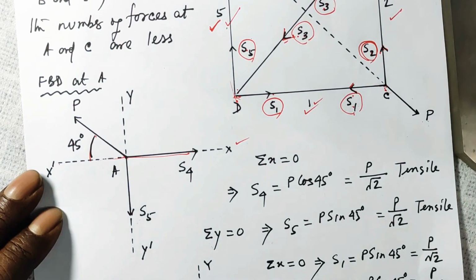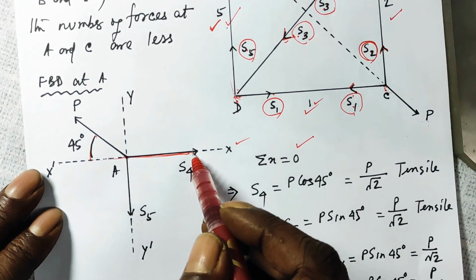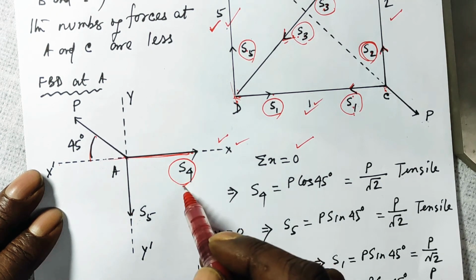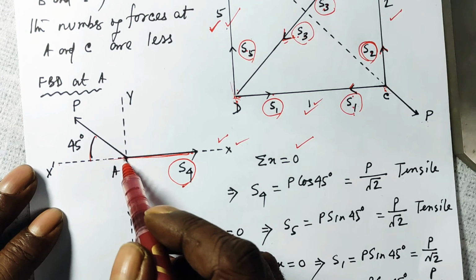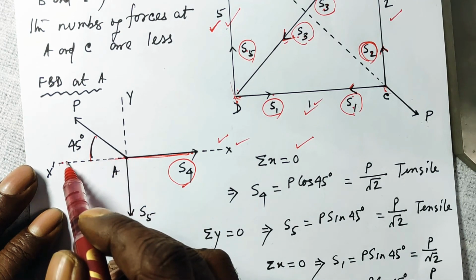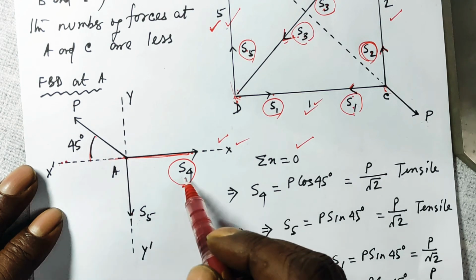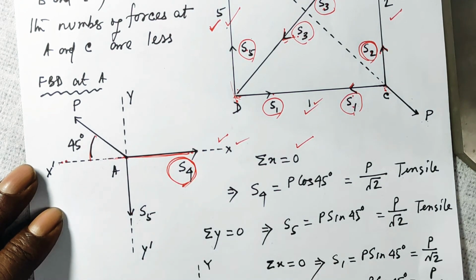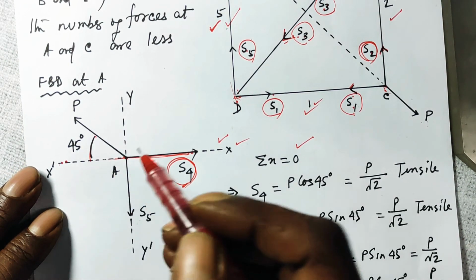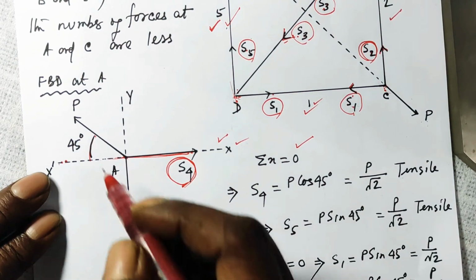So let us apply sigma x equal to 0, the condition for equilibrium. Now S4 is along positive x-axis. To make this 0, there has to be a force along negative x-axis. But there is no force to this side along negative axis. So this S4 must itself be 0. I'm sorry, there is a force to this side.